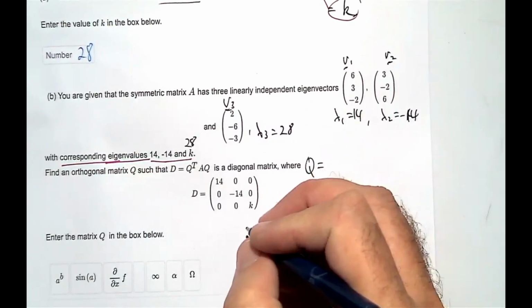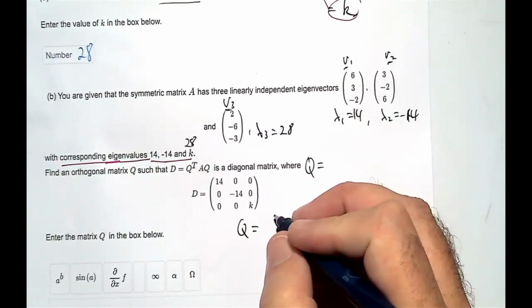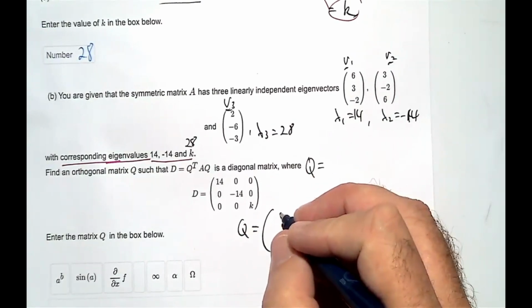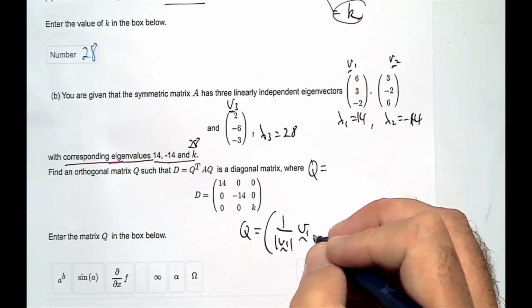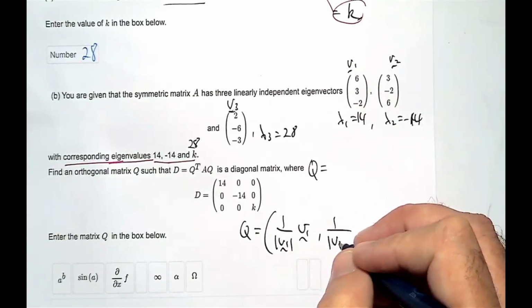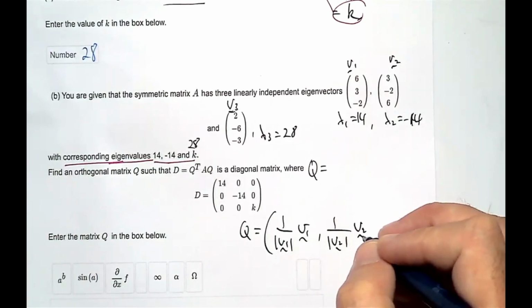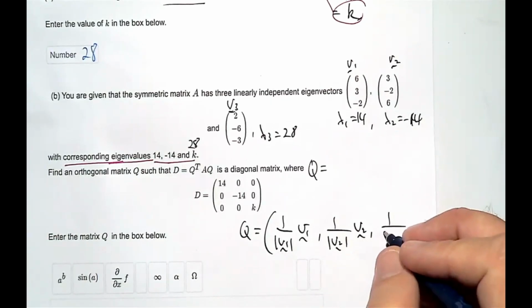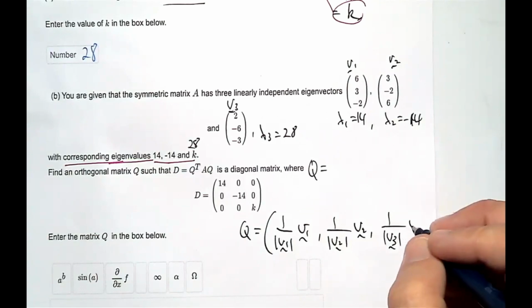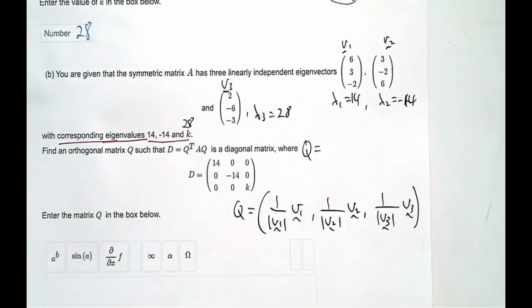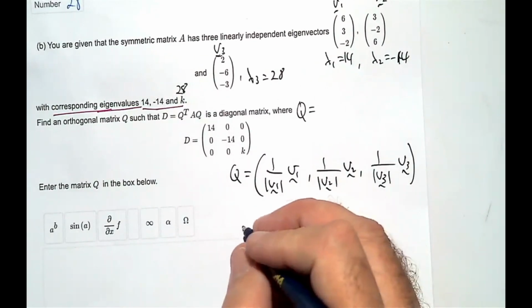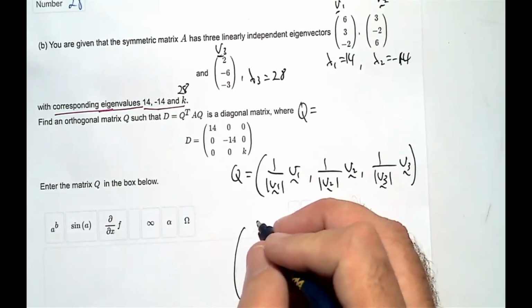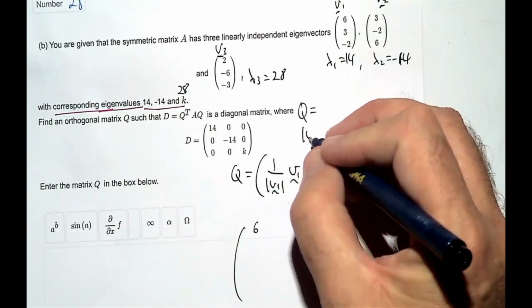So Q is going to be something like this.